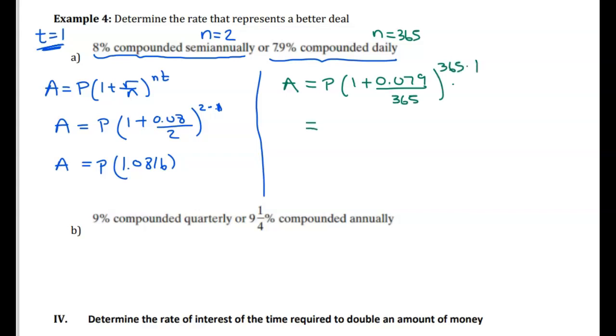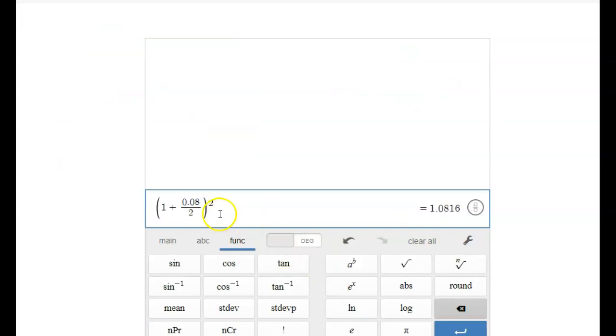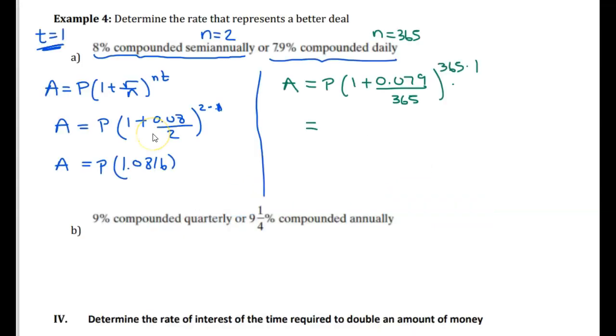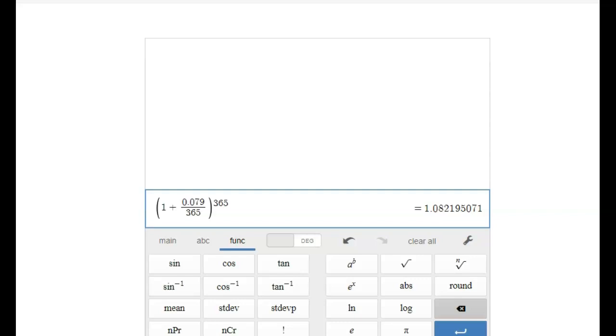Right, so let's do that. 1 plus 0.079 divided by 365 to the power 365, 1.082. So the amount is the principal times 1.082. Let's carry the next decimal. 1.0822.